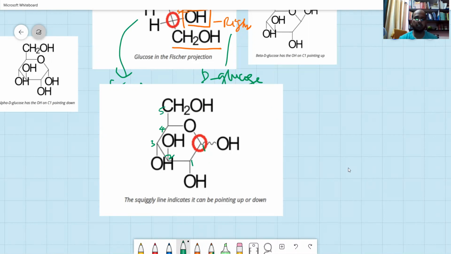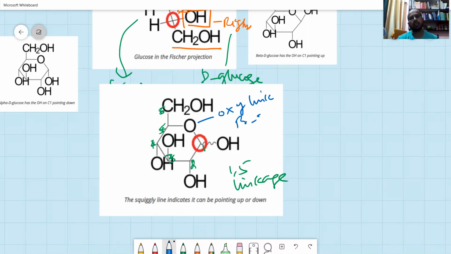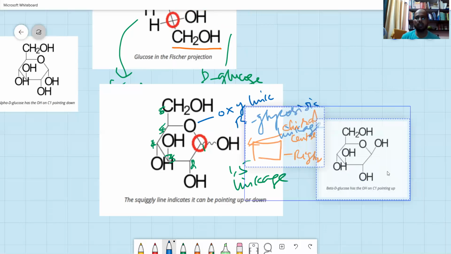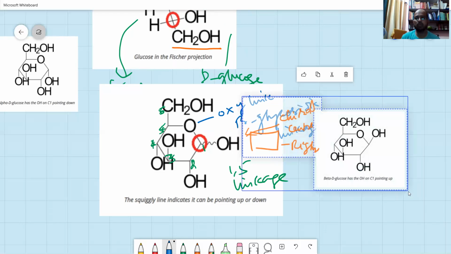This is the first, this is second, this is third, this is fourth. 1,5 linkage is there. Can you recall? We have studied a lot about that. In the 1,5 linkage, this is the oxy link. We have seen this as a beta glycosidic linkage in many examples.